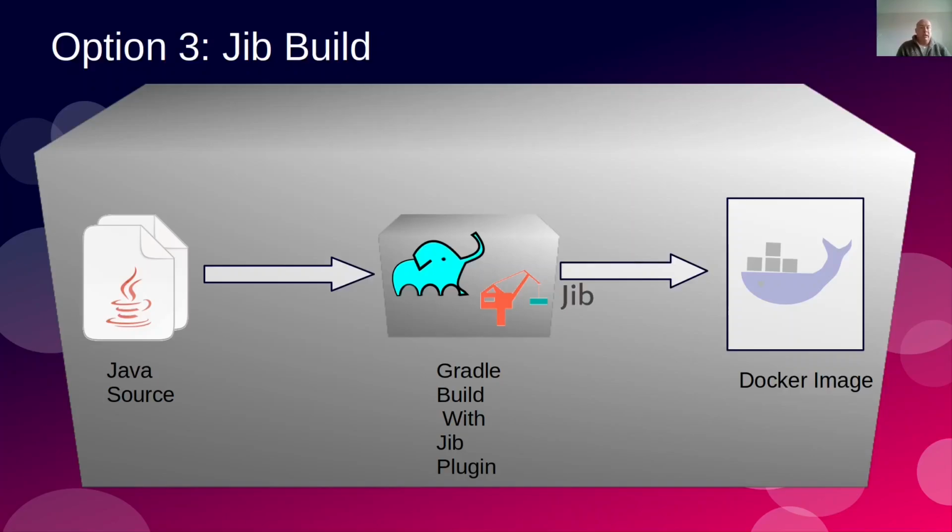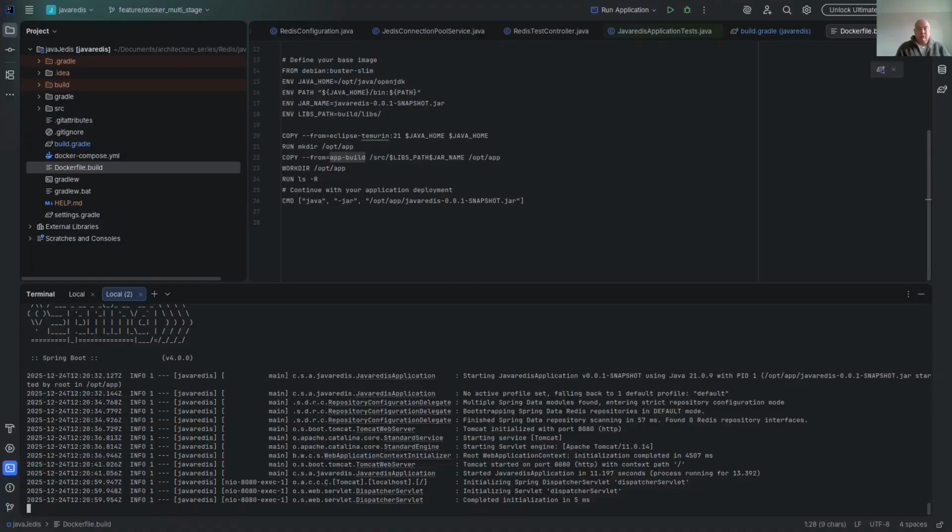So it's flexible in that way, sort of the opposite direction to option 2. And conceptually, for Java programmers at least, this is quite easy to get our heads around, because it's just using an extra plugin in the build process. So let's take a look at what that looks like in practice.